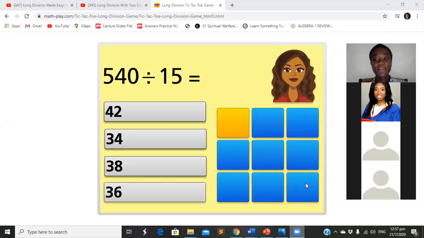On a piece of paper, you can just write, they can just solve that. Anybody getting it? Anybody? William? I'm working. Okay.